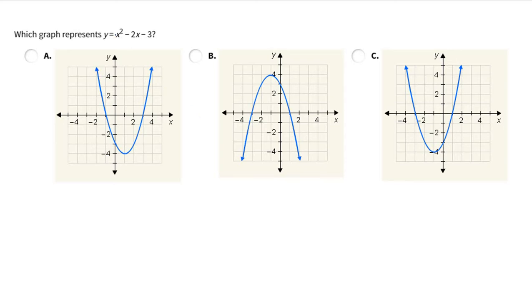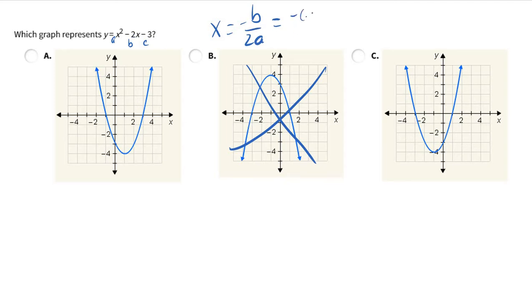Now, first of all, notice this is a positive number in front. So it's not going to open upside down, so I can automatically cross out that middle one. So here's where this formula, x equals negative b over 2a, can be useful to us. So let's use that. Negative b, well, b is negative 2, right? Again, a, b, c. So b is negative 2.